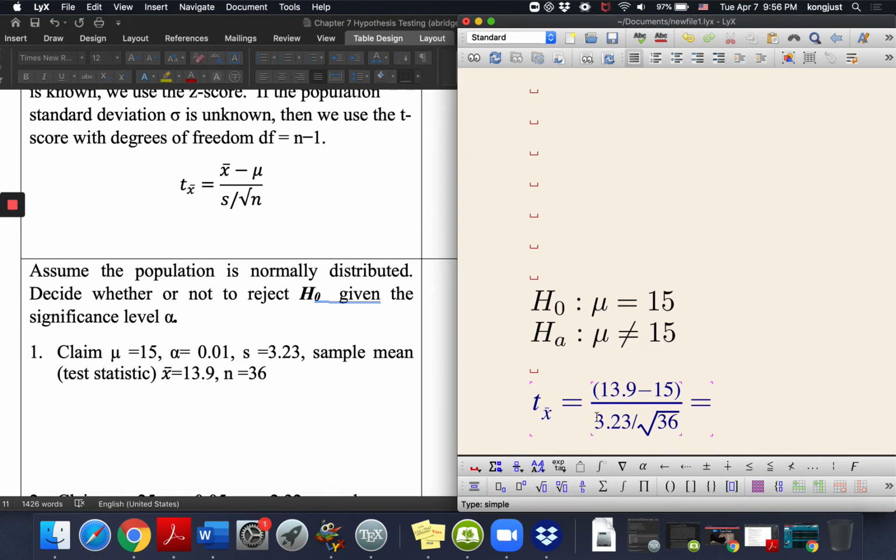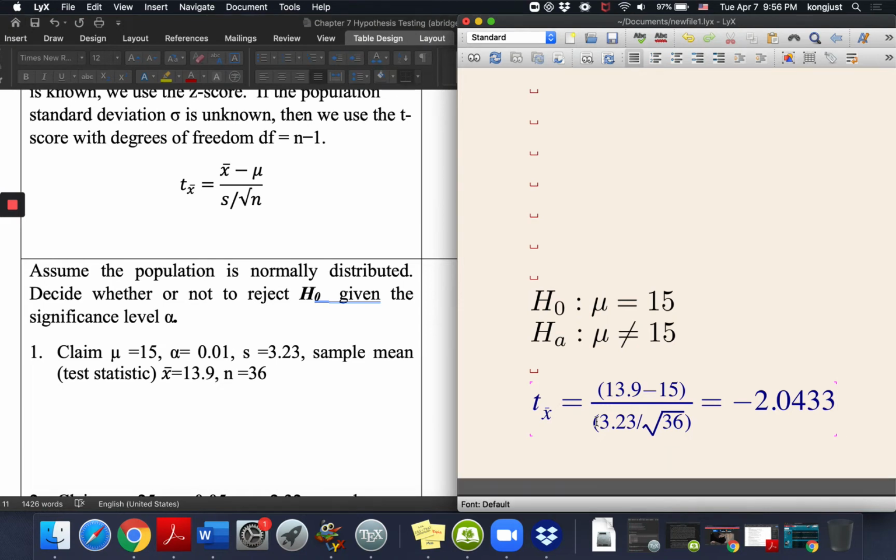Same thing for the denominator, so that you preserve the correct order of operations. So I have negative 1.1 on the top divided by 3.23 over the square root of 36, which I could just put as 6. That's negative 2.0433. That's enough digits for us.